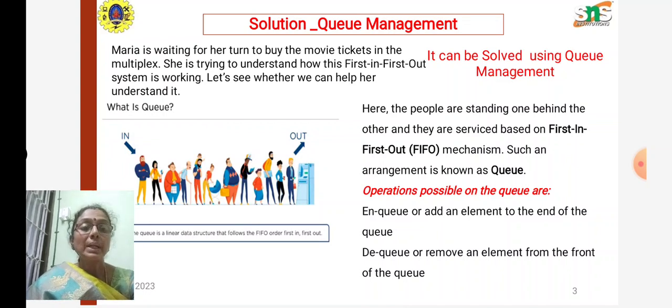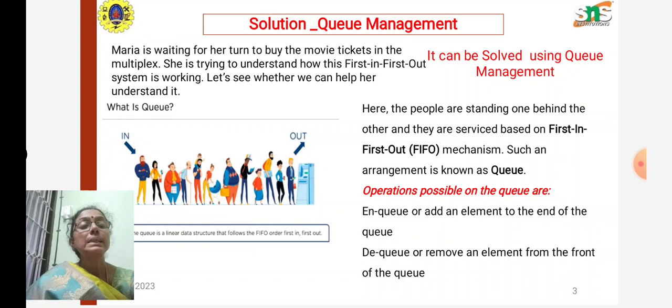A queue is a linear data structure. It follows the mechanism of first in first out. The first person in is the first to go out. This is the mechanism followed by the queue data structure. The operations possible on queues are NQ and DQ.